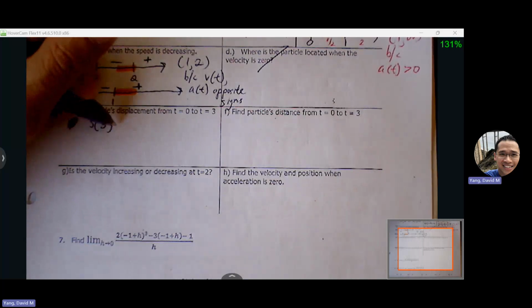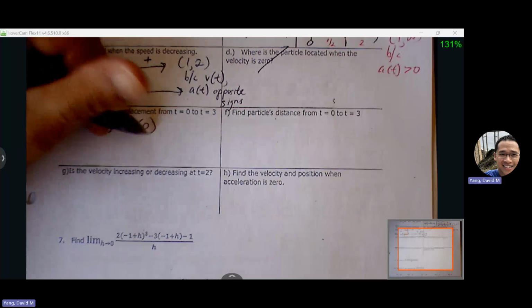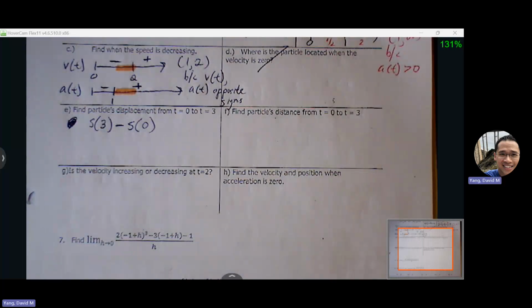S of 3 minus S of 0. So it's just final position minus initial position. It's just asking, where are you going to end up in relation to where you started? Are you going to end up to the left or to the right of where you started? And then what is that distance going to be?